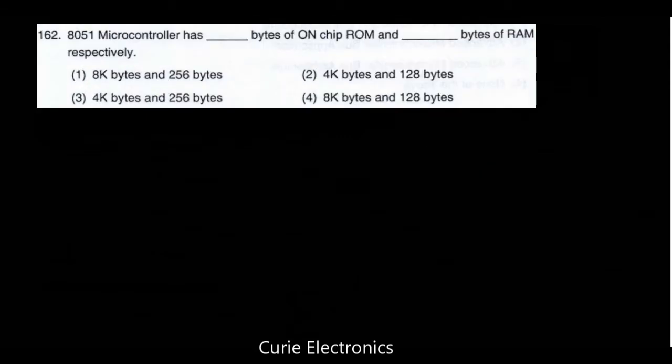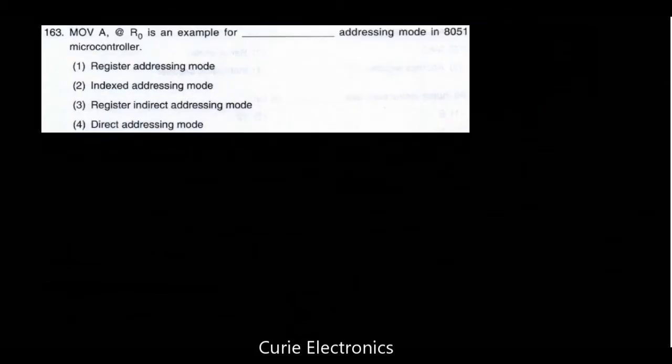Question number 162. 8051 microcontroller has dash bytes of on-chip ROM and dash bytes of RAM. When it was first released, it had 4 kilobytes of ROM and 128 bytes of RAM. MOV A, @R0 is an example for dash addressing mode in 8051 microcontroller.